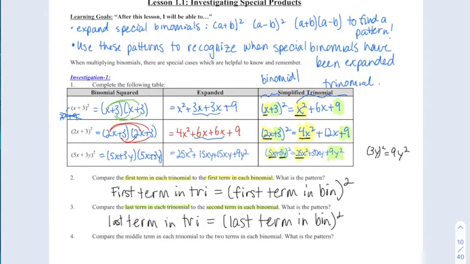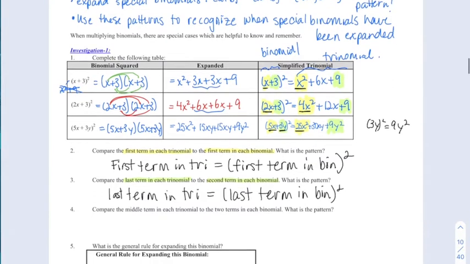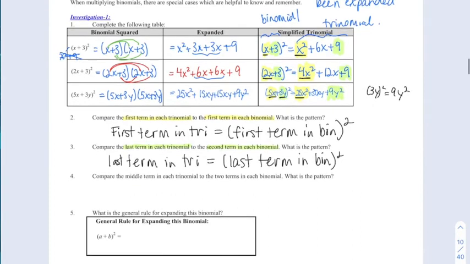All right, and last but not least, let's compare the middle term to the binomial. Okay, this one's interesting. It says compare the middle term in each trinomial to both terms in each binomial. So what does that mean? How does 6x relate to x plus 3?